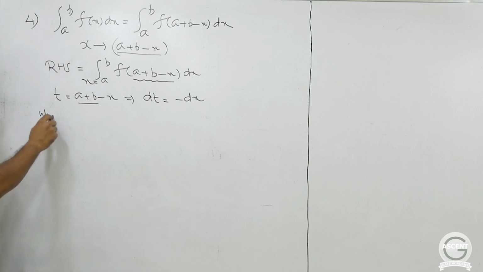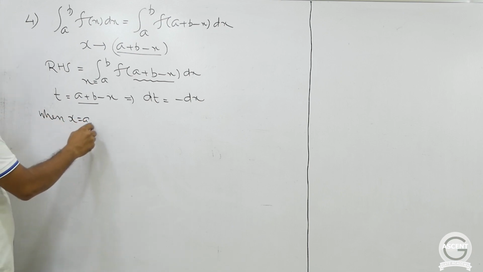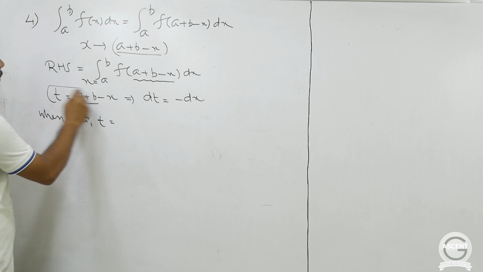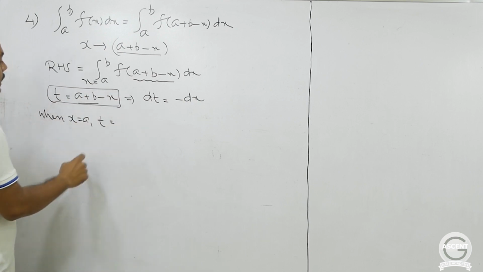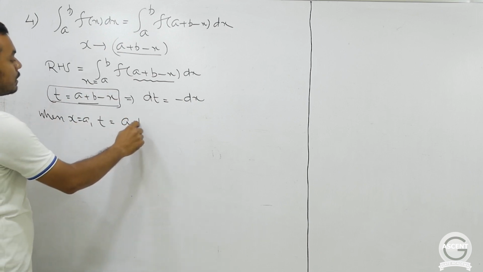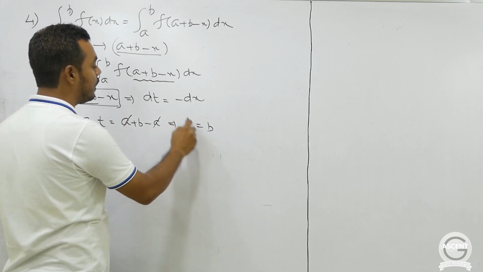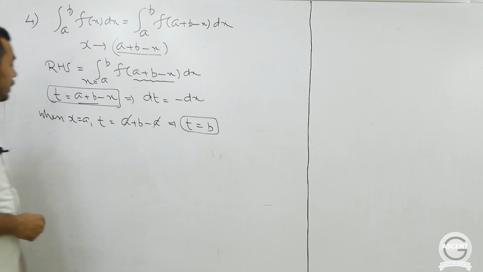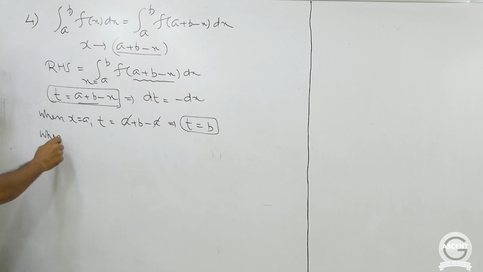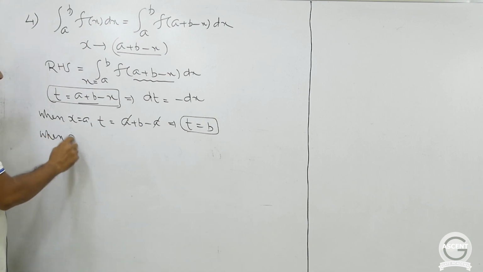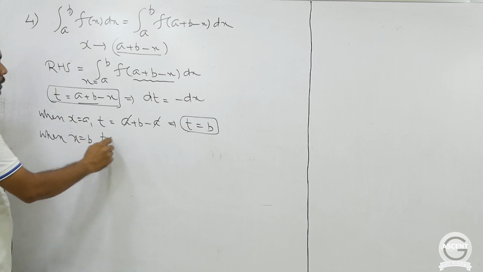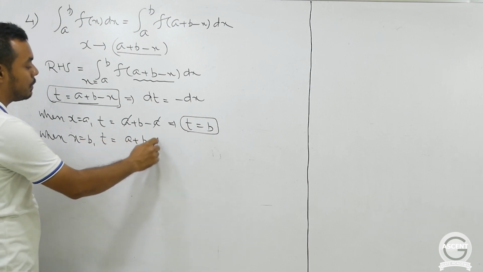So when x is a, the value of t will be a plus b minus a, and a will cancel, so this gives t equals b. Now second case, when x is b, the value of t will be a plus b minus b.